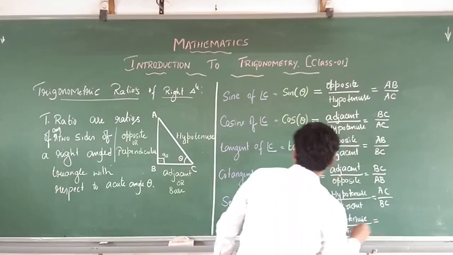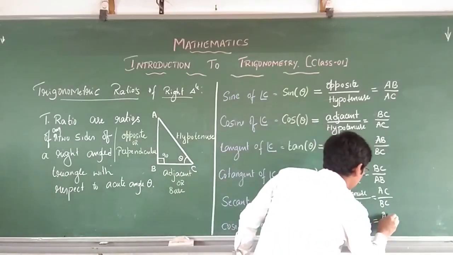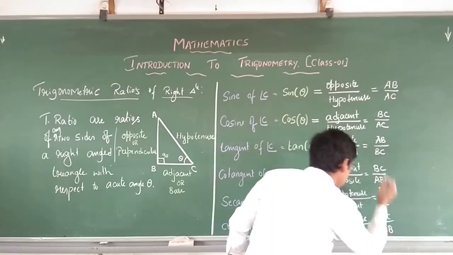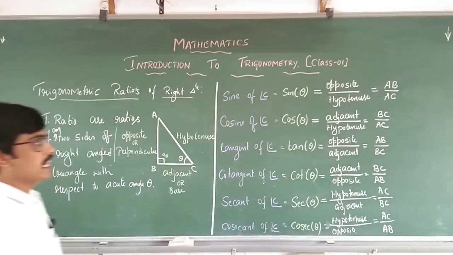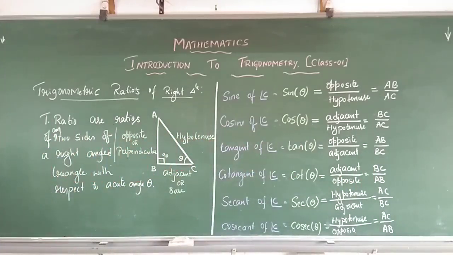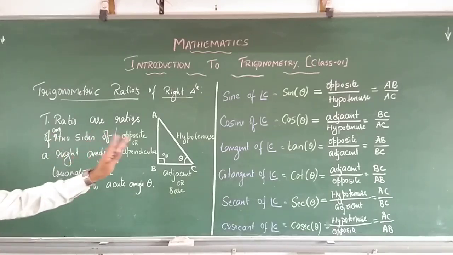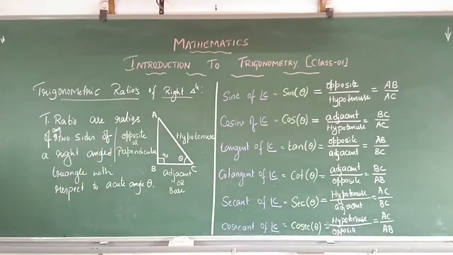So it is nothing but AC divided by AB. So these are the 6 different trigonometric ratios in a right triangle, or T ratios in a right triangle. Pause the video, write down the definition and also the different ratios.